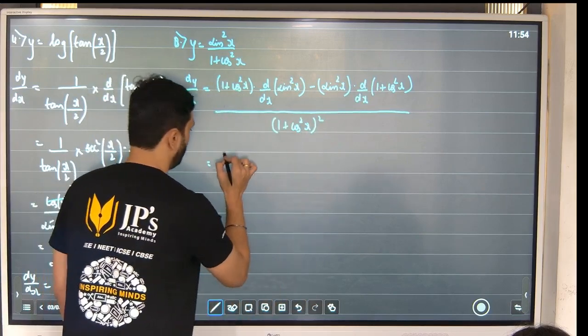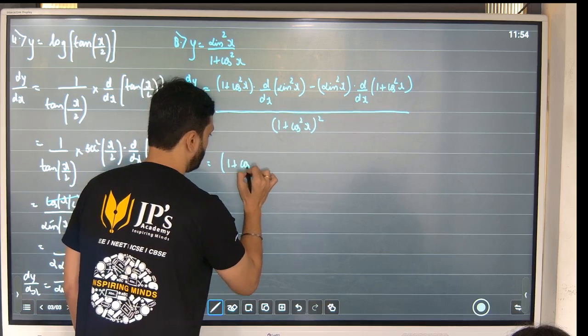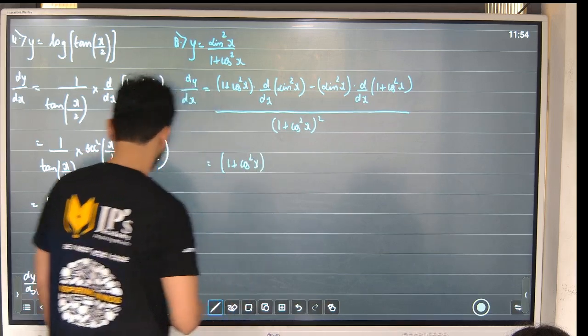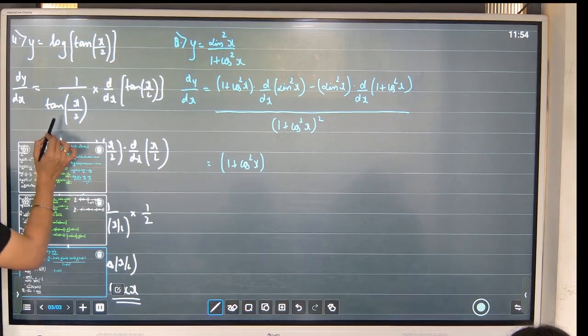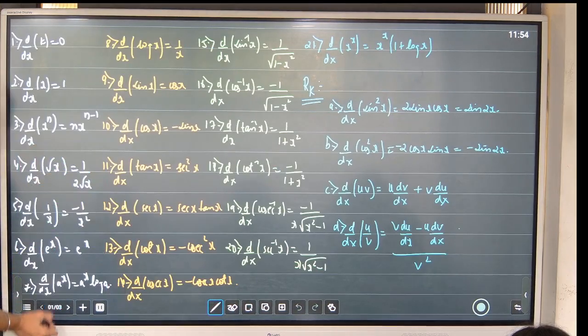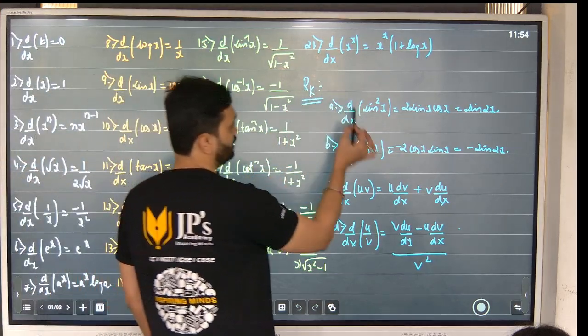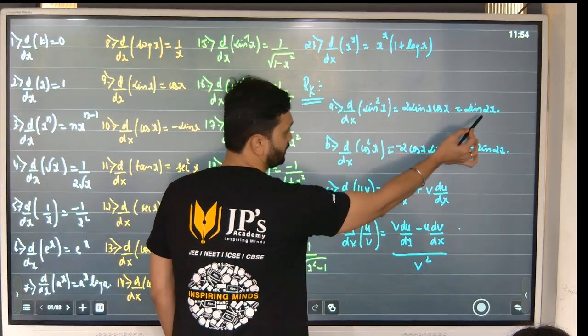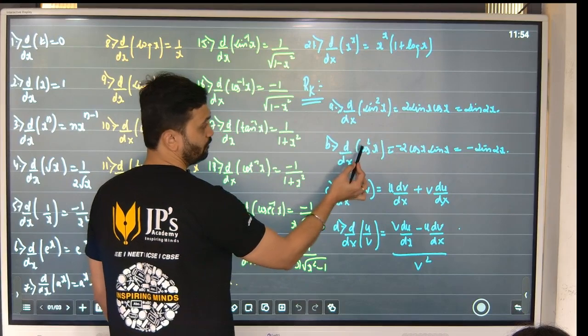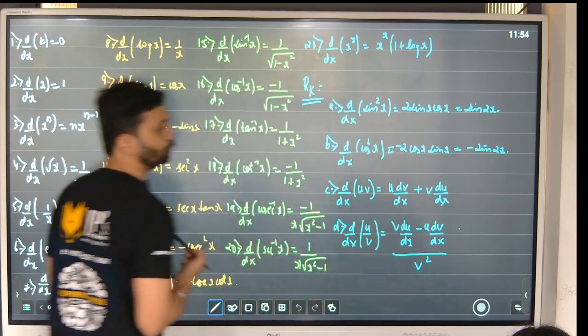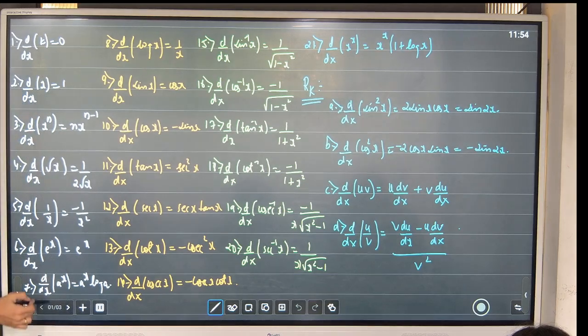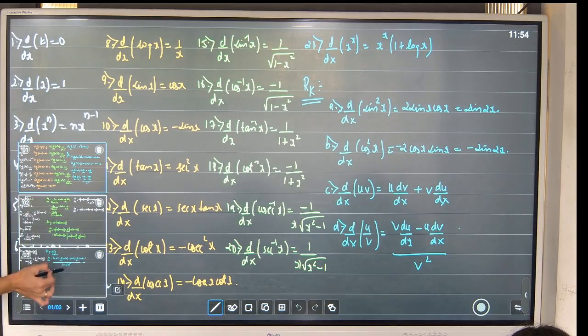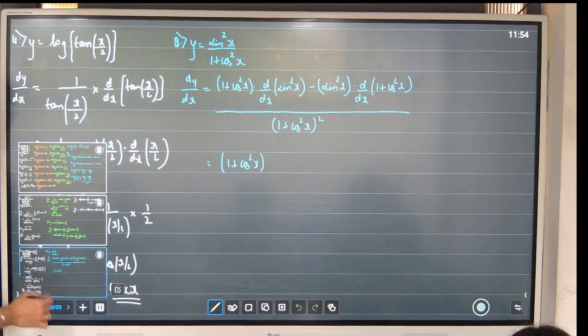So if I simplify this further, this will become 1 plus cos square x. Now, again, if you pay attention here, the derivative of sine square x is sine 2x. The derivative of cos square x is minus sine 2x. The whole idea for knowing the formula is that it makes your life easy.